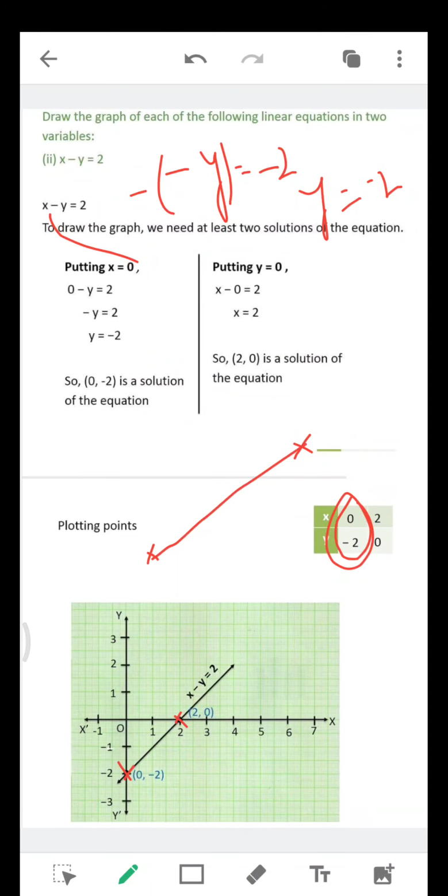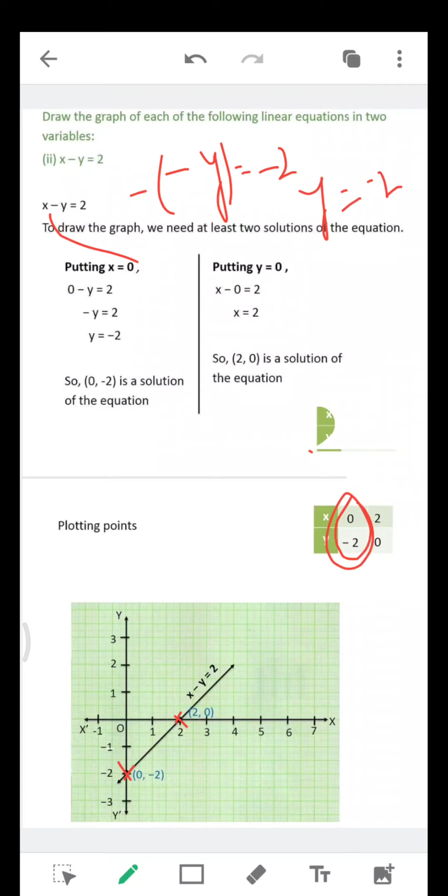Now somebody may ask me, do we need to find only 2 solutions? No, you can find 3 solutions also. Whatever solutions you find, your friends may find different solutions, but the graph remains the same. This is amazing.